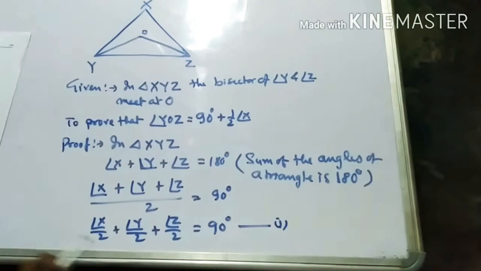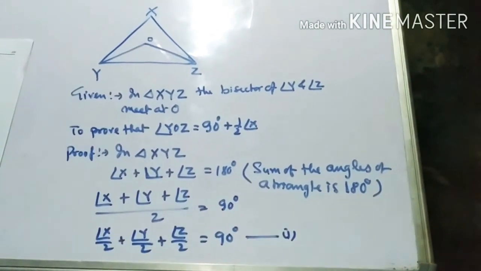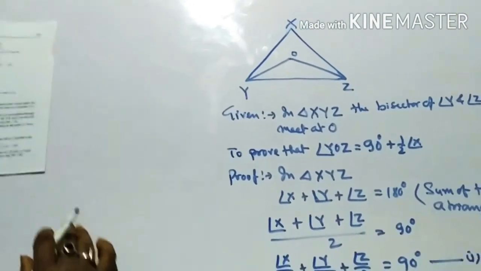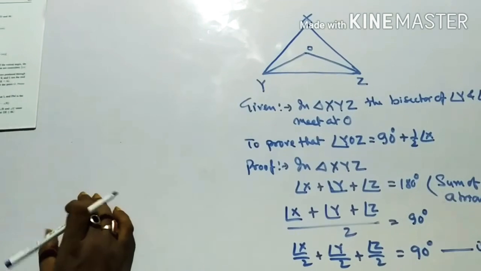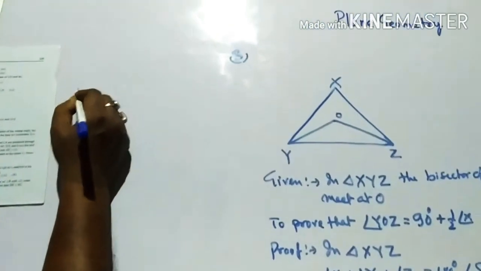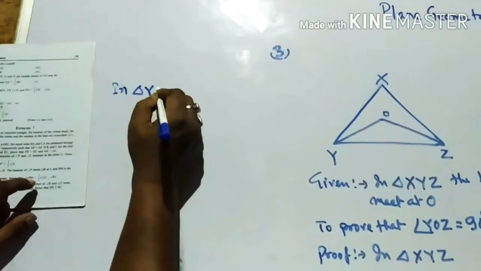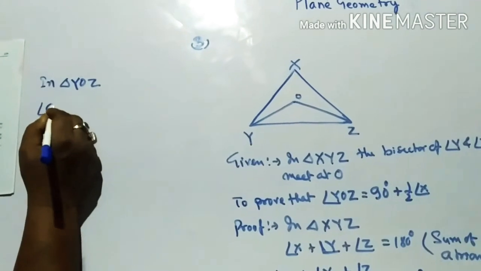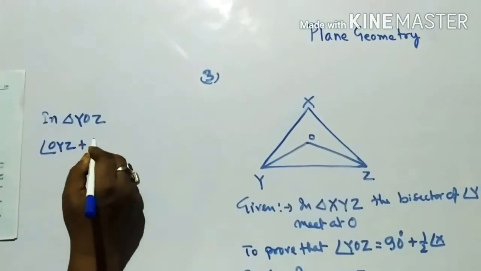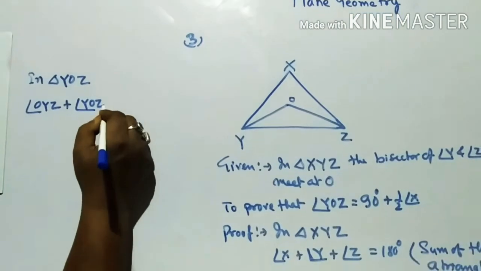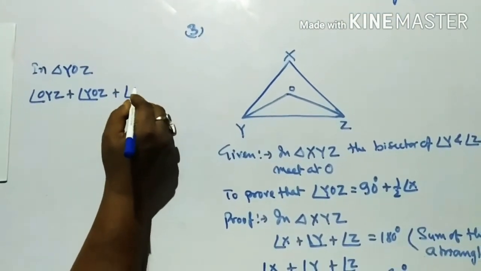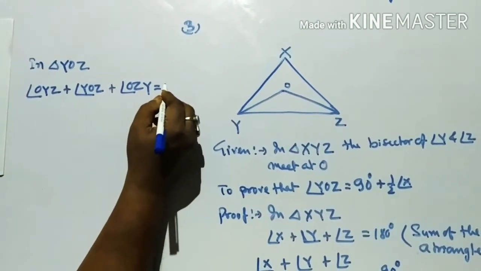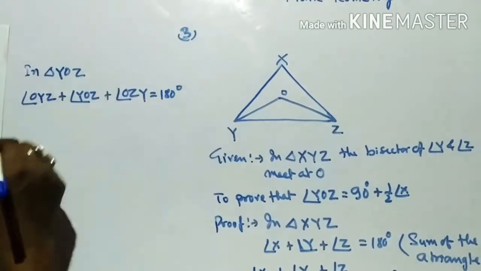Equation 1. So now in triangle YOZ, angle OYZ plus angle YOZ plus angle OZY is equal to 180 degrees.